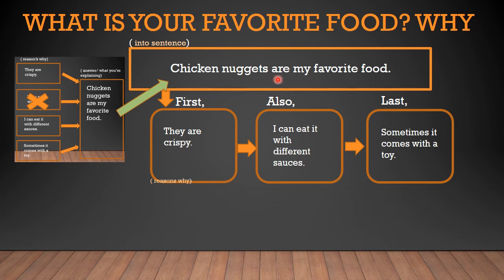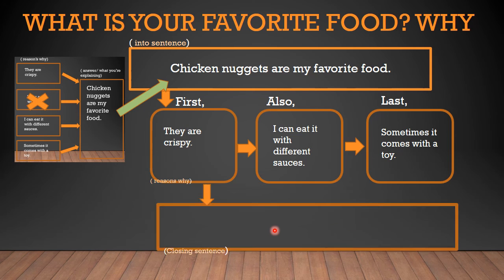So this will be the beginning of my paragraph, the middle of my paragraph, and now I need the end of my paragraph, which is called a closing sentence. This sentence is going to say, "Okay, I'm done. I'm leaving. Hope you enjoyed it."